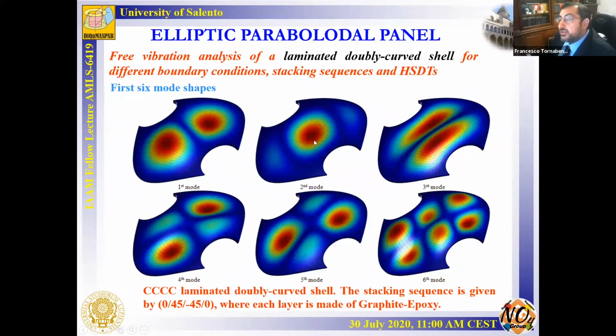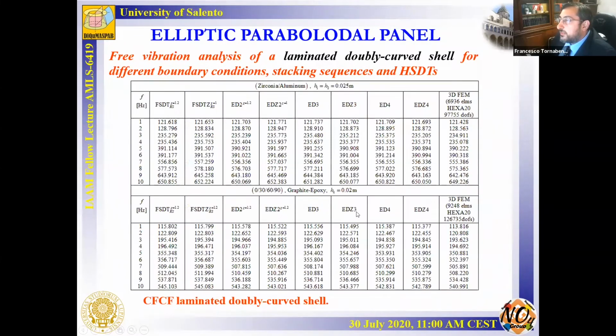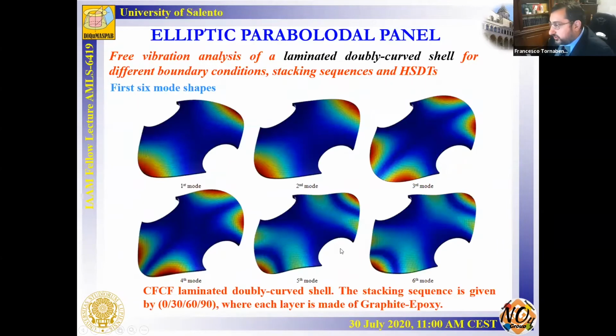I have considered here the first mode shapes that I have obtained using the CUMASPAM, and here I've changed the lamination scheme and the material and the boundary condition, and as we can see I have obtained very good agreement also for these generalized shape structures.